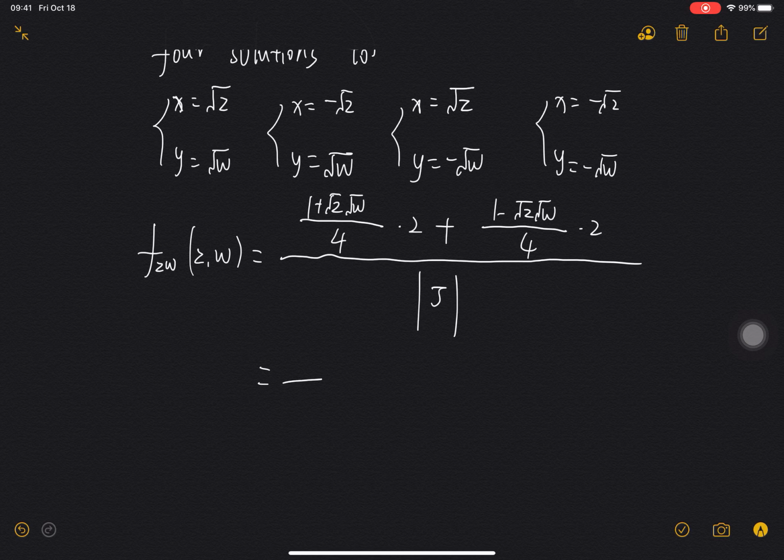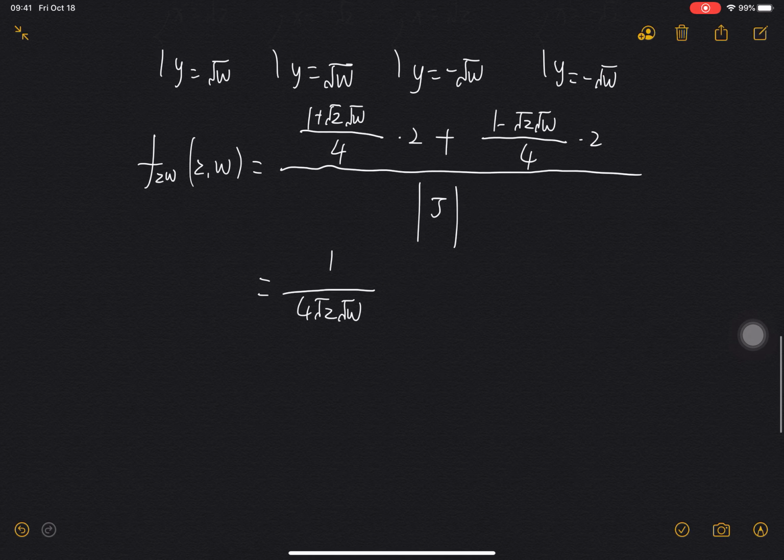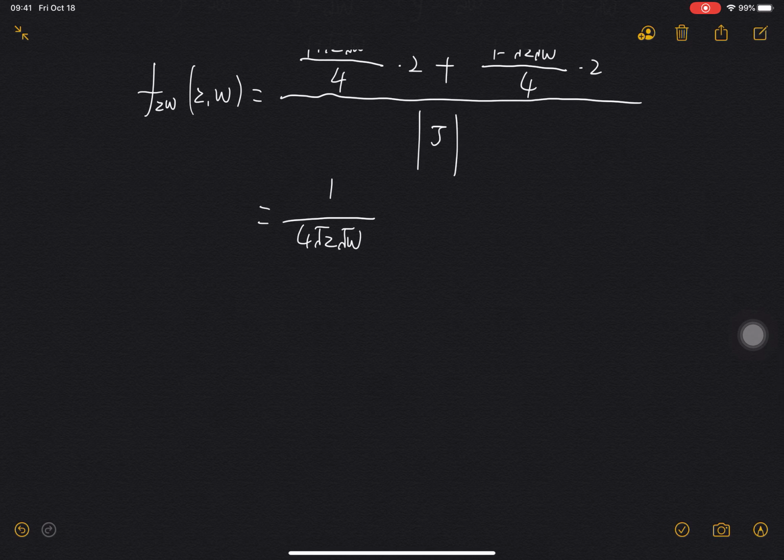So finally we can have the joint density function of x squared and y squared as this.